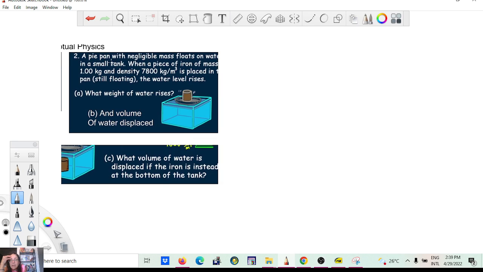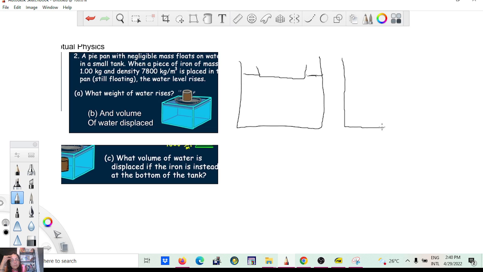Okay, so a pie pan, blah blah blah, it's floating on the water, so we neglect the mass of the pan, so it means it doesn't displace much water, right? So we have an aquarium here, you have a pan, but we don't care really. It's so light that we neglect the mass and it doesn't displace much water anyway.